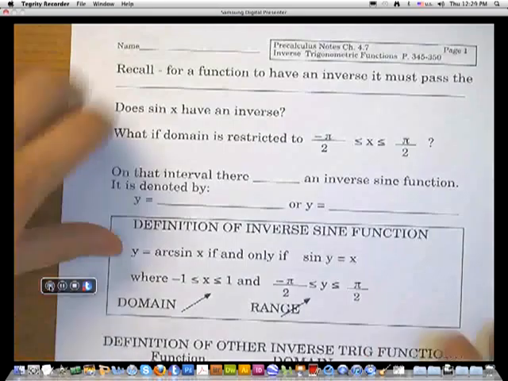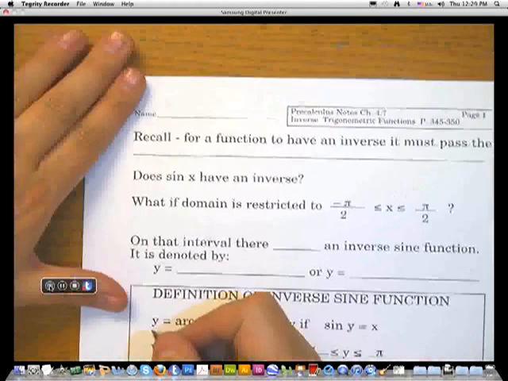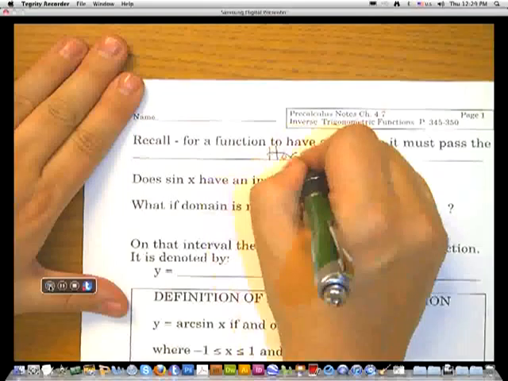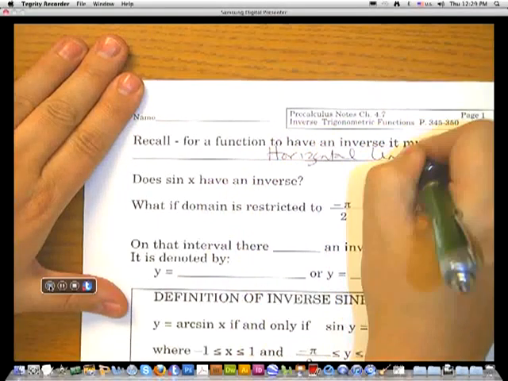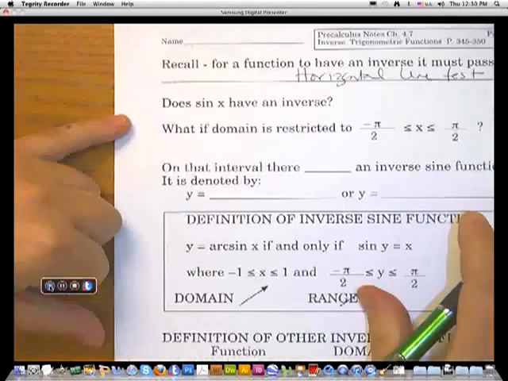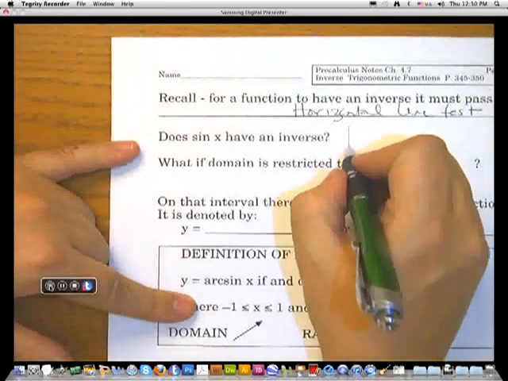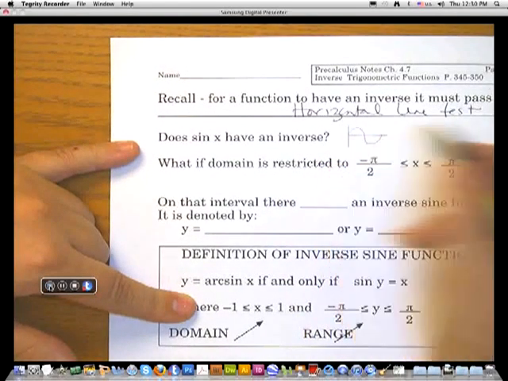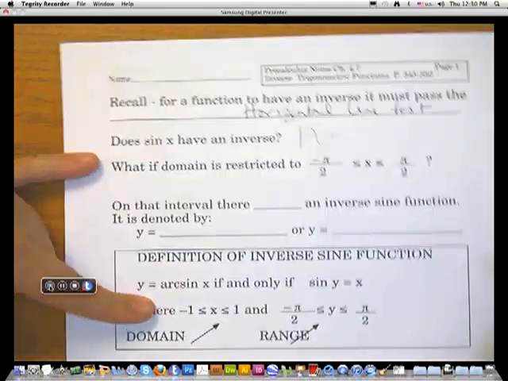Okay, 4.7. Recall that if something has an inverse, it must pass the horizontal line test. So if we look at the sine wave, remember this is a typical sine wave, does it pass the horizontal line test?